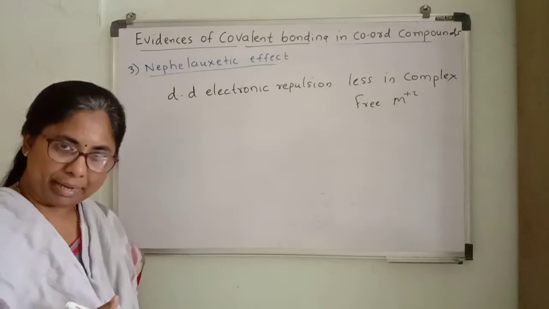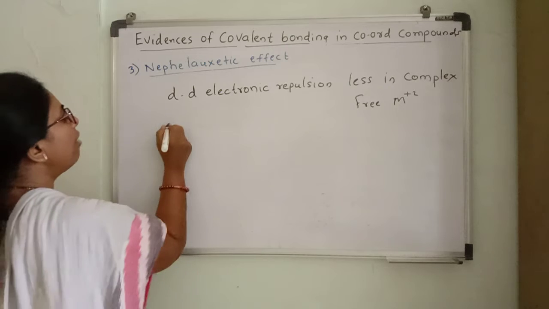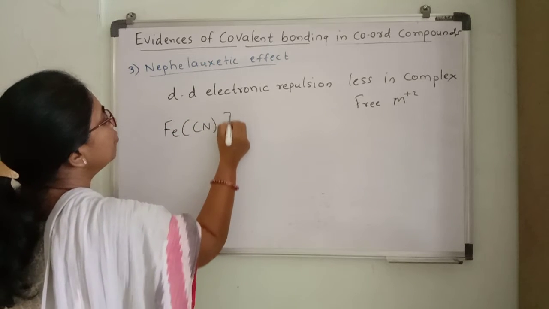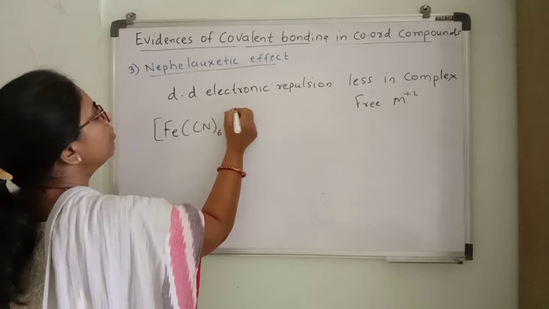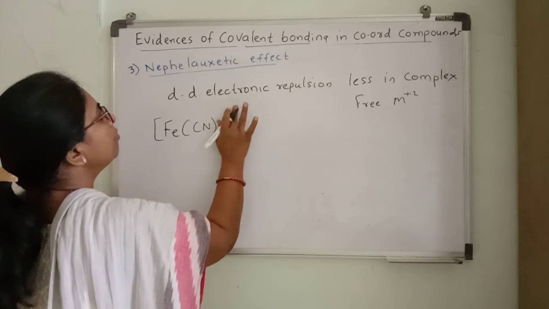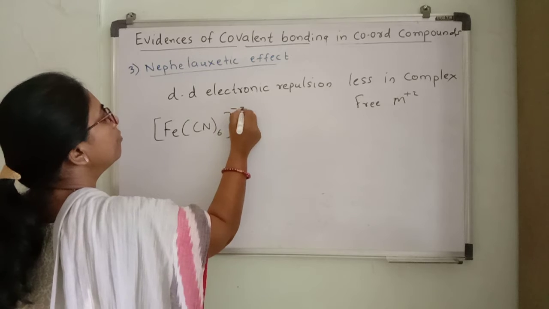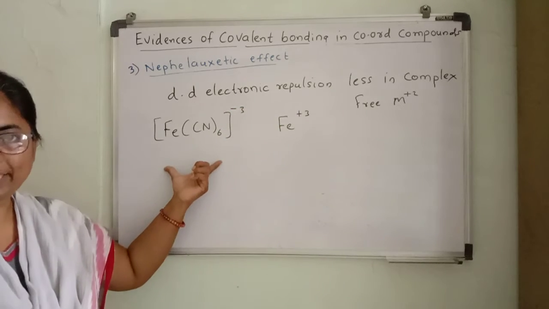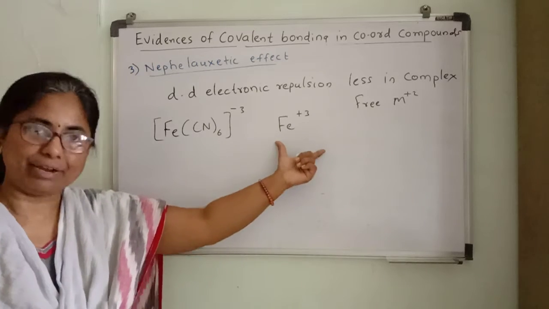What does it mean? For example, I have one complex, and on the other hand I have a free metal ion.